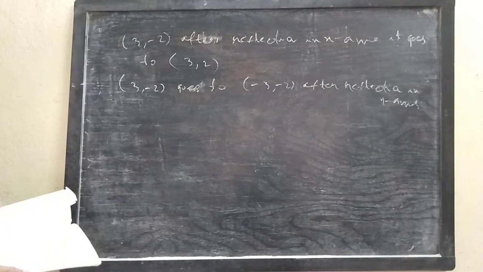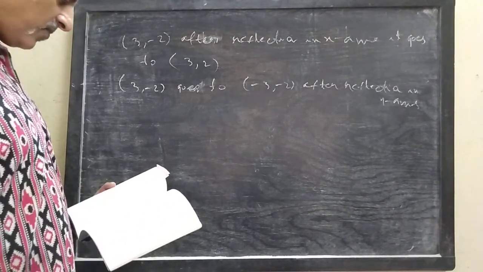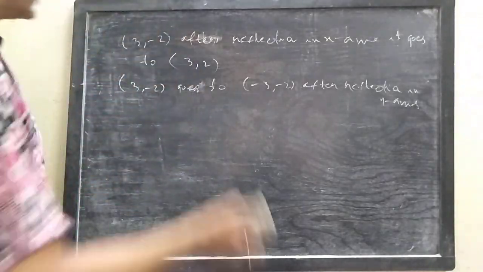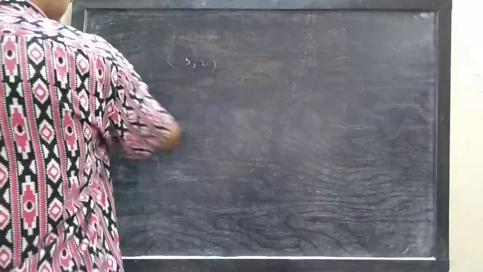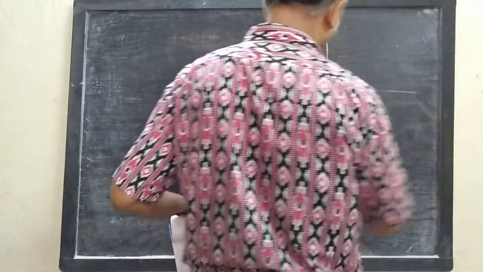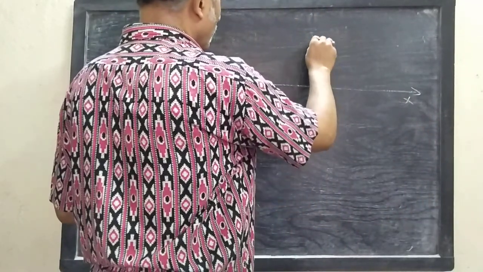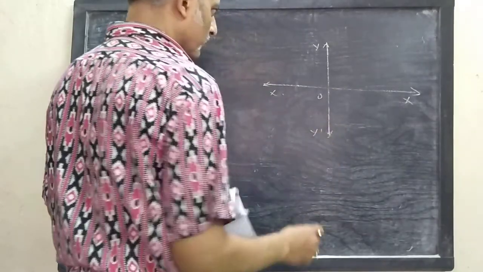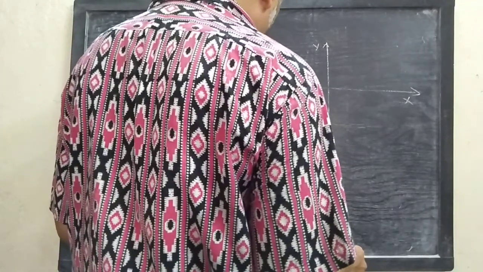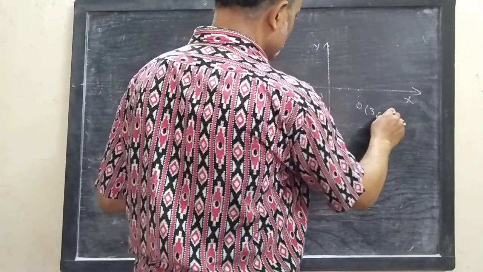Next, reflected in the x-axis followed by reflection in the y-axis. So here the first transformation is reflection in the y-axis, then reflection in the x-axis. Let us do it with the help of a diagram. The initial point is at (3, minus 2).